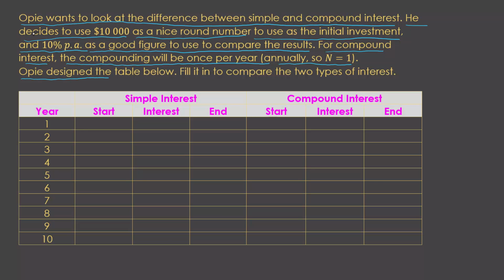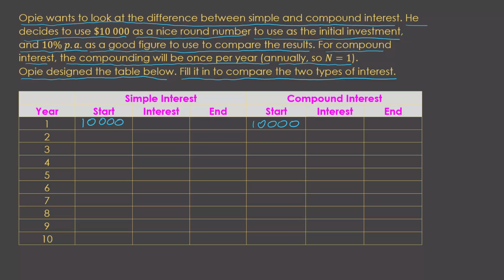Opie designed the table below. Fill it in to compare the two types of interest. So at the start of year 1, he has $10,000, and that's the same for compound interest as well. So they both start with 10,000.